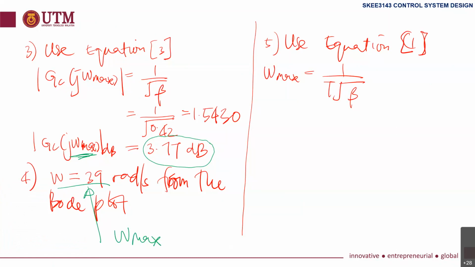That's why it is written here the gain or the magnitude at omega max, and we want to find where it is minus 3.77 from the plot, when the magnitude equals minus 3.77 dB. Remember, initially positive, now we want negative, so that when we add it becomes 0.